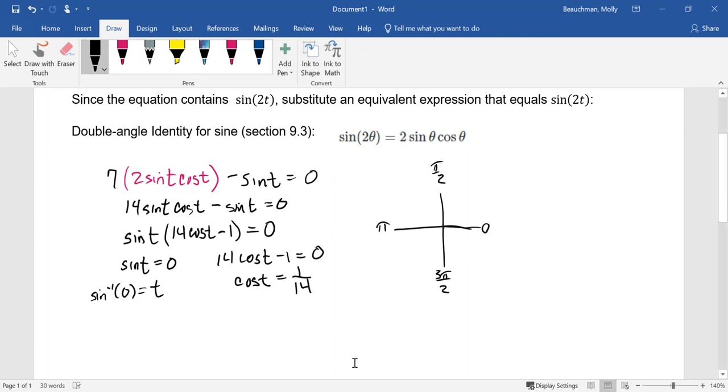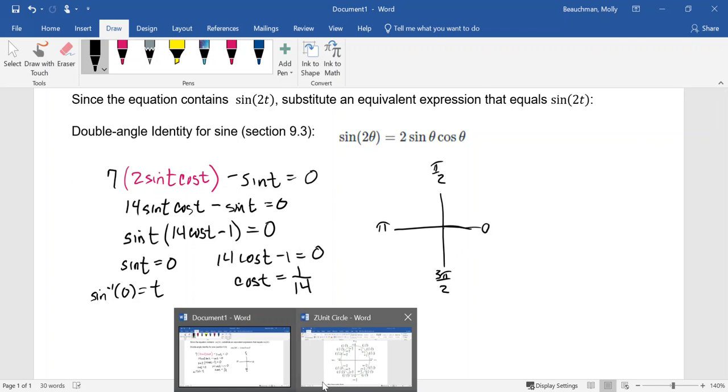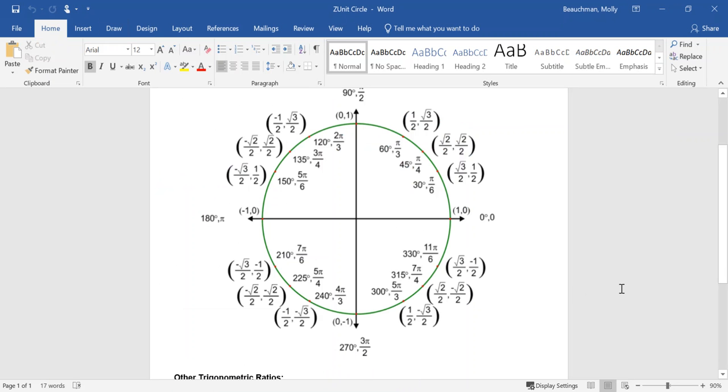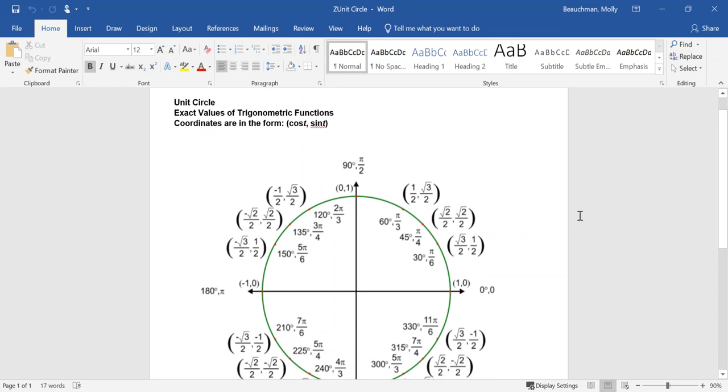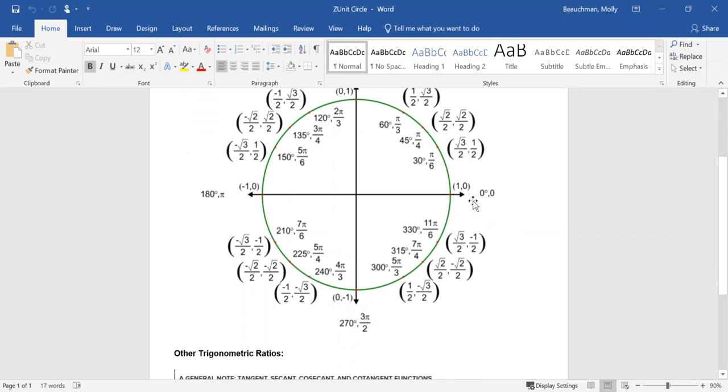So if you look at the unit circle, we want to recognize that on the unit circle, cosine is the x-coordinate, sine is the y-coordinate. So we want to know the places around the unit circle where the y-coordinate is 0. So the y-coordinate is 0 right here at the beginning at 0 or 2 pi, but we're having the interval from 0 not including 2 pi, and then the y-coordinate is 0 again here at pi.